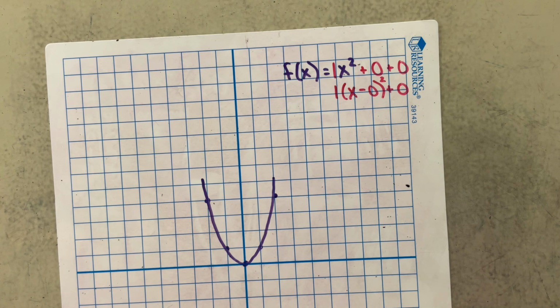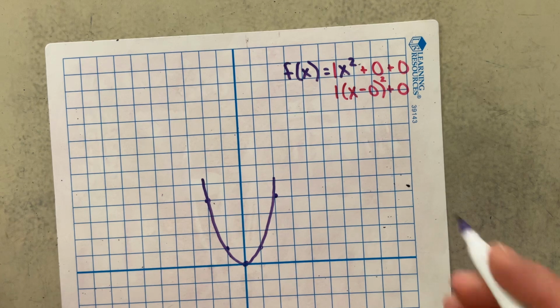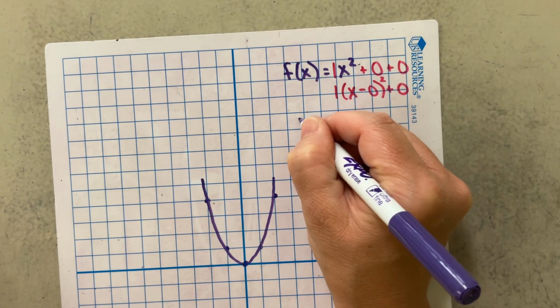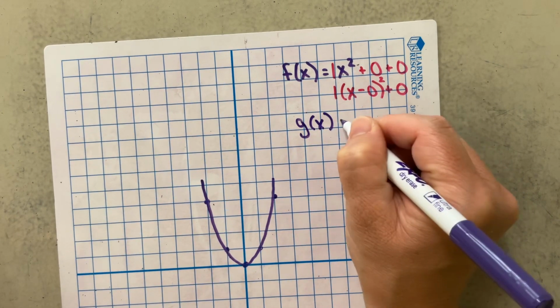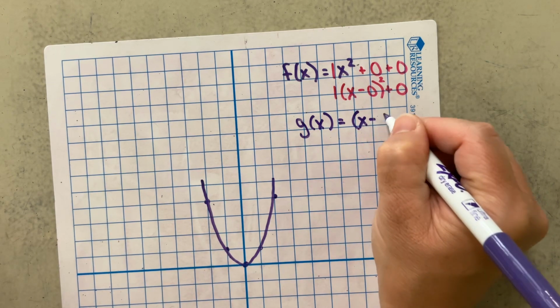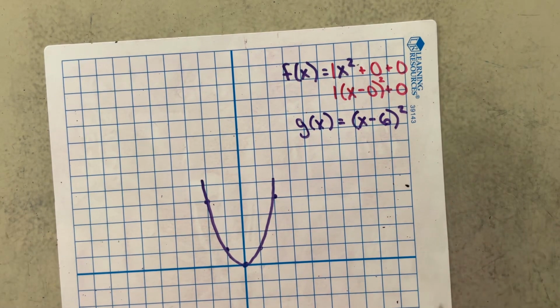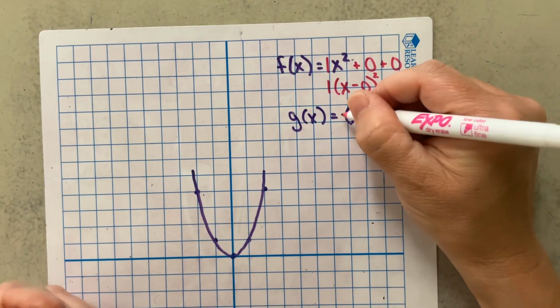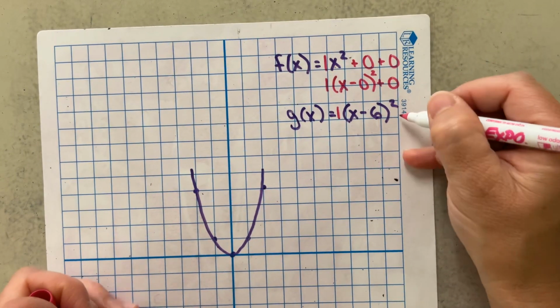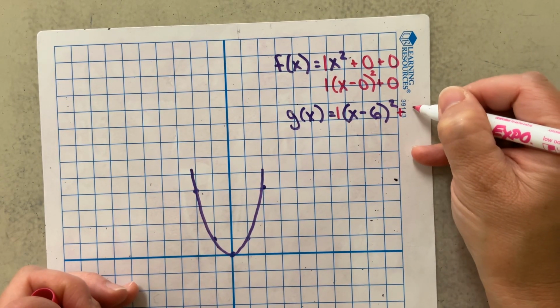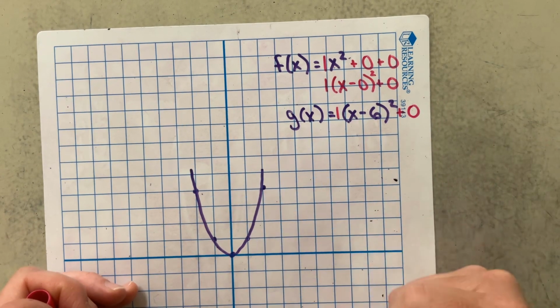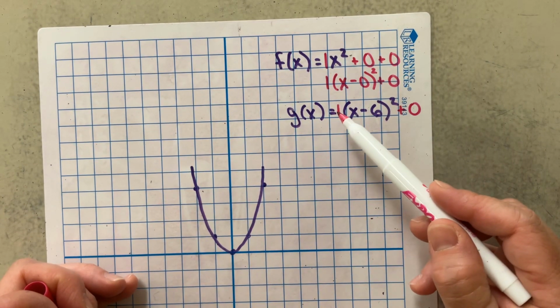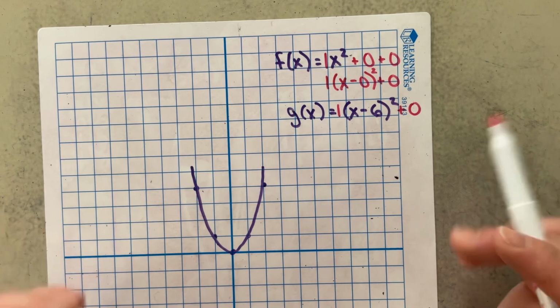Okay, so let's try a new one and see what happens. Let's try g of x equals (x minus 6) squared. Well, is there an a value? No, the a value is just a 1. Is there a k value? No, the k value is 0. So we're not going to be moving up or down, and we're not going to be flipping it or making it wider or narrow.